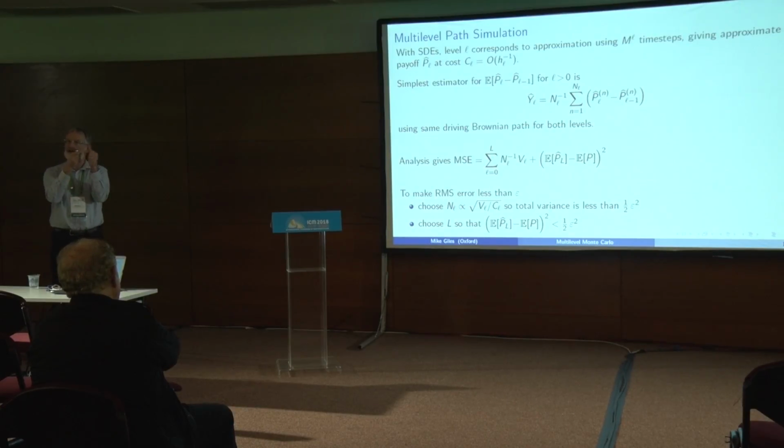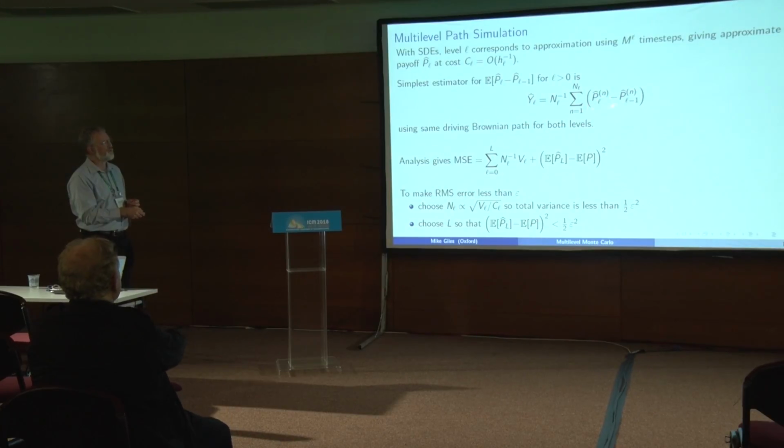The key thing is that I want these to be close to each other, and that comes from using the same Brownian motion to drive both of those simulations. What does that mean in practice? It means that for the finer of the two simulations, I generate my Brownian increments, delta W, for each one of the time steps. And then if I'm going in powers of 2 with the time steps, I just sum them up pairwise to get the corresponding Brownian increments for the coarse simulation. So it's a very simple, natural thing to implement.